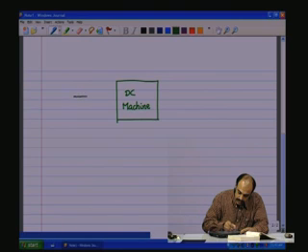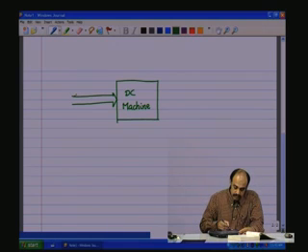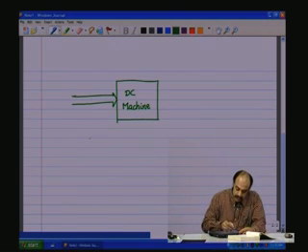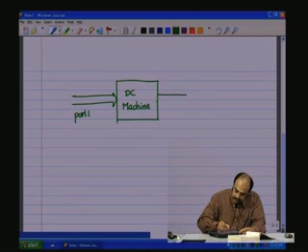There is going to be energy which flows into the machine through one port, and we will call that port 1, and energy flows out through another port, and that is called port 2.